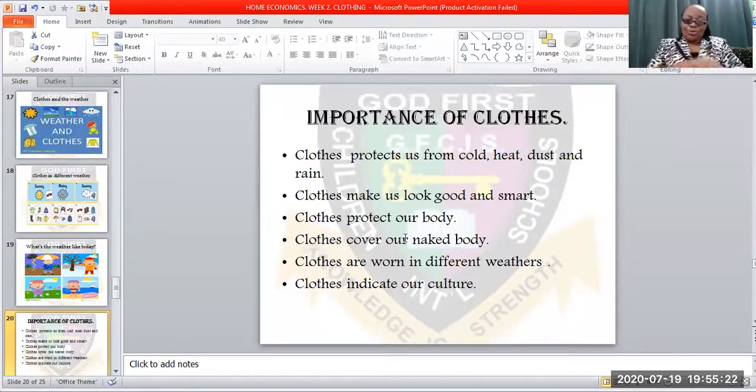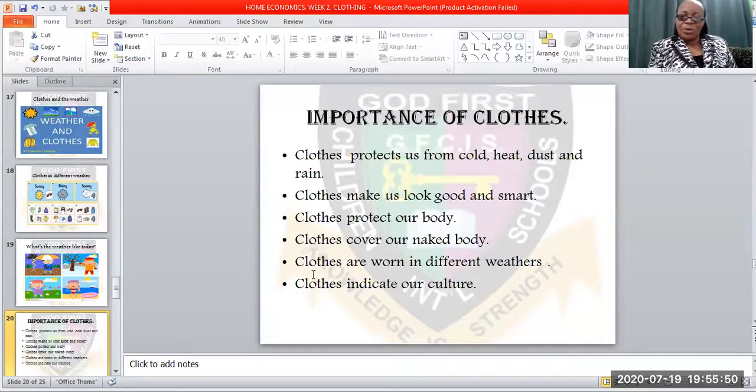You know that mosquitoes or insects look for the open part of your body to deal with. So when we wear clothes, these things cannot injure us; clothes prevent such damage to an extent. Clothes cover our naked body.